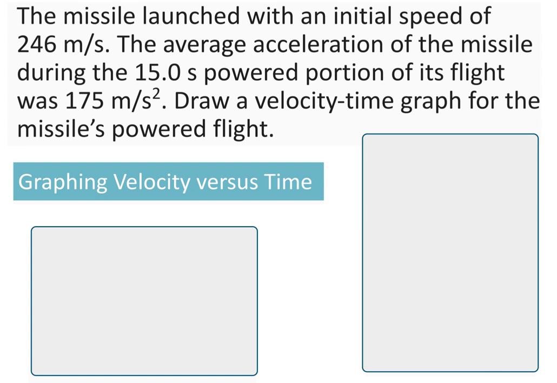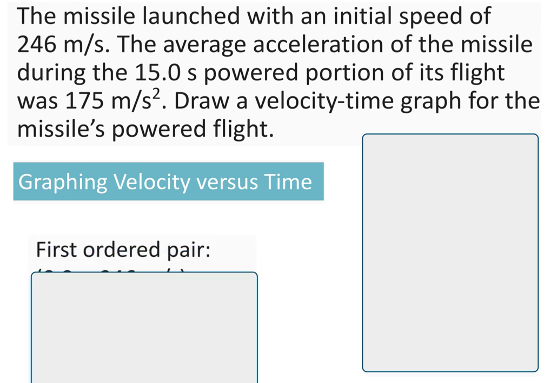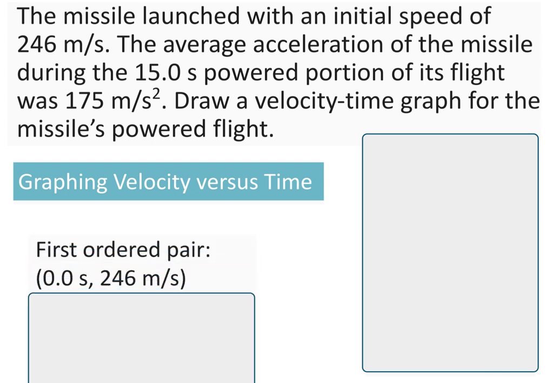Velocity-time graph. Well, to draw a graph, we need some starting points and ending points. The starting points are pretty straightforward. Starting time, nothing. Starting velocity, they handed that to me, right? I need a second point. I know the time of my second point, correct?